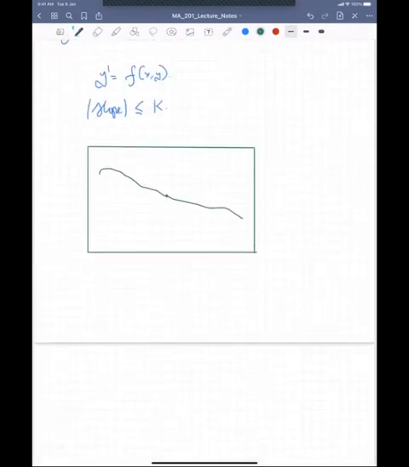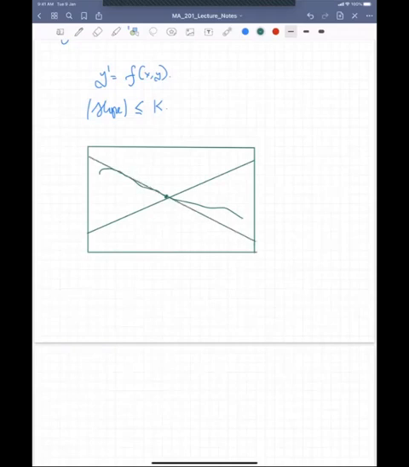Now, the absolute value of slope being less than or equal to k simply means that the slope at that point can at most be equal to plus k or minus k. So let's draw two lines, one with slope plus k and one with slope minus k. This has slope plus k and this has slope minus k. So now, what is the actual value of the slope? Let us look at this.